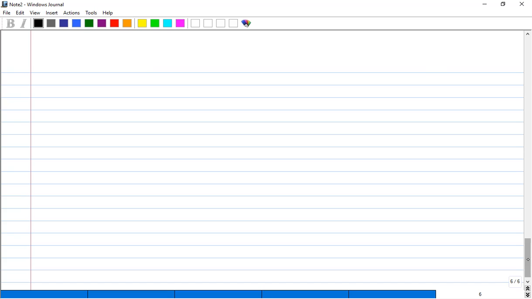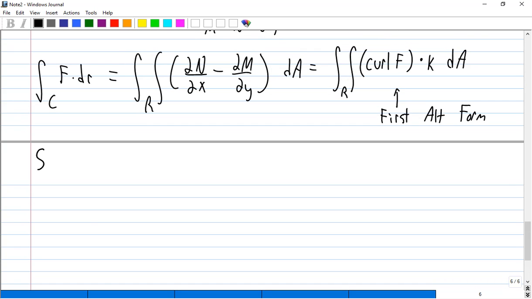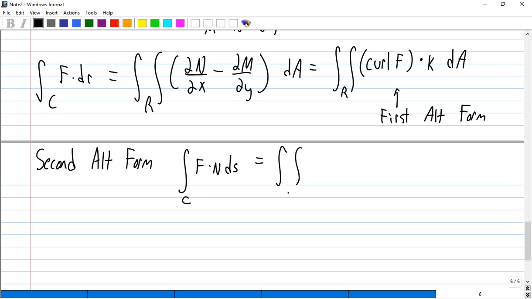So here's the second alternative form. It says the line integral of F dotted with n ds is equal to the double integral over the region of the divergence of F dA.